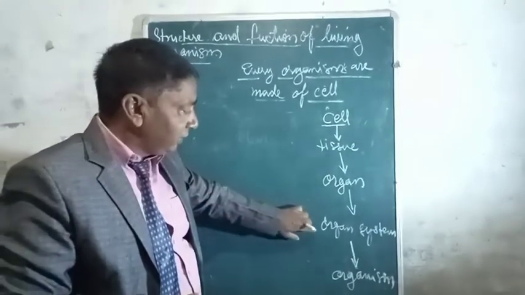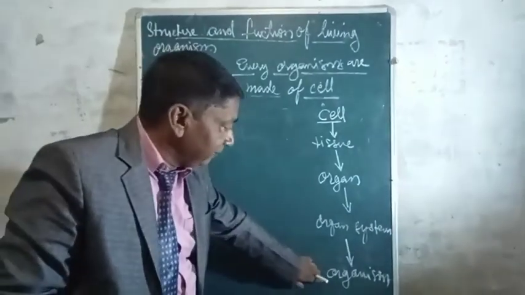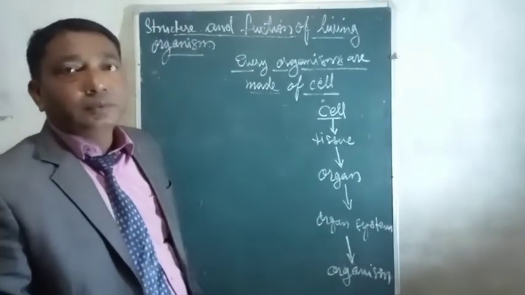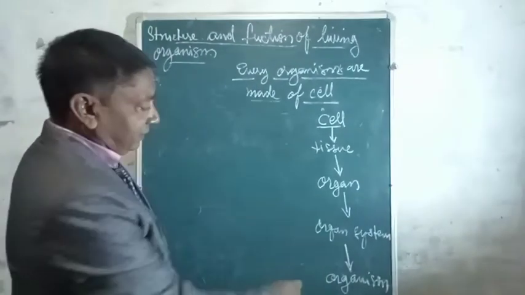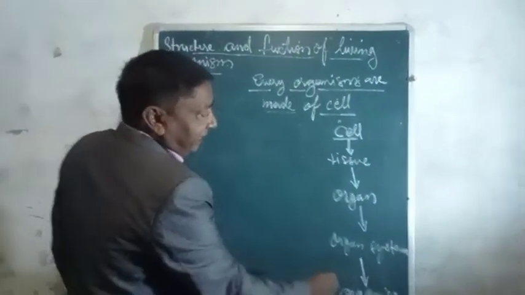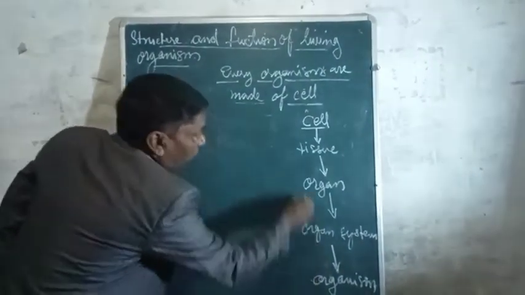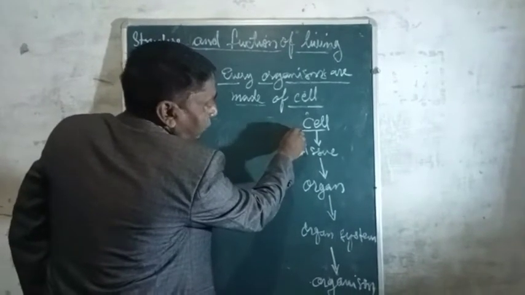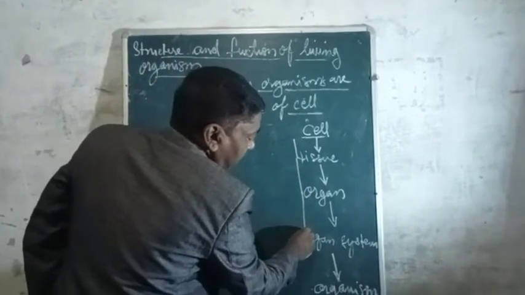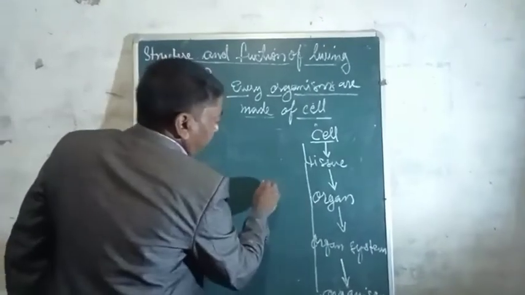Many organs join together to form an organ system, and many organ systems join together to form an organism. Here the organism which will be made will be a multicellular organism. An organism which is made by cells joining together to make tissue, then organ, organ system, and then organism. These kinds of organisms are multicellular.